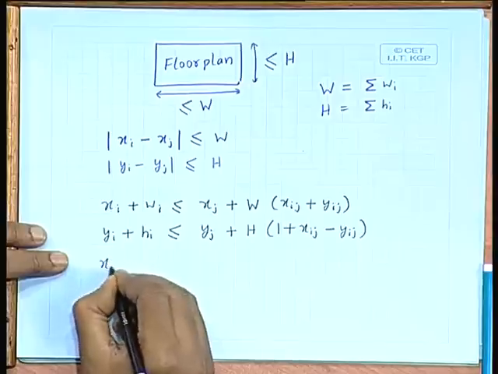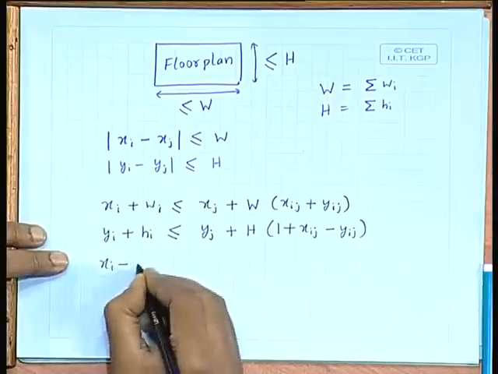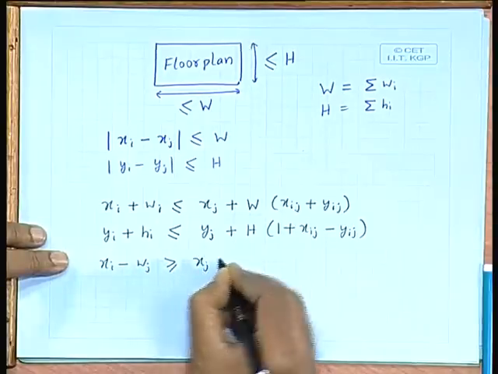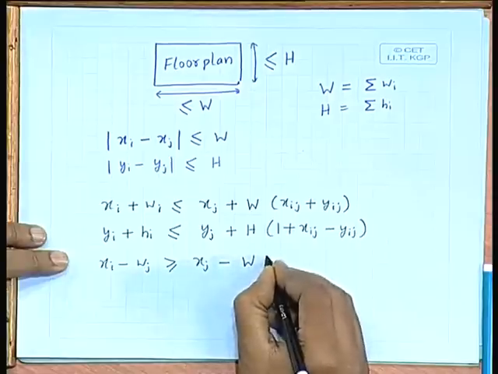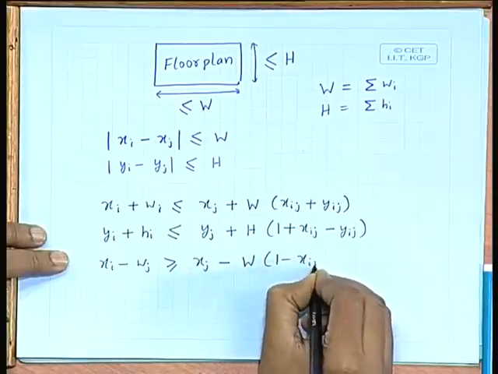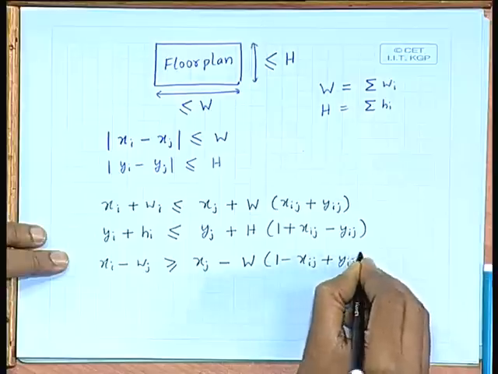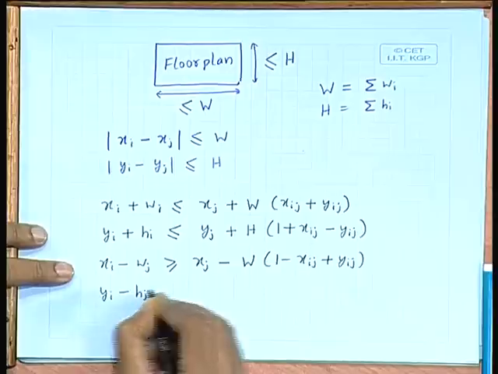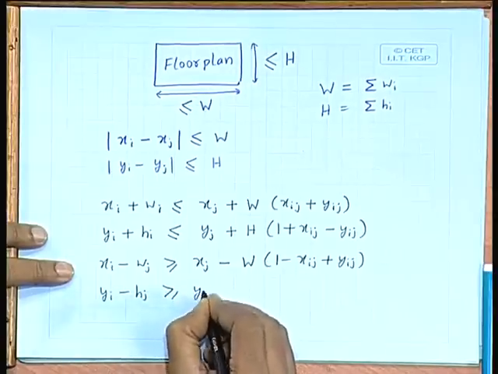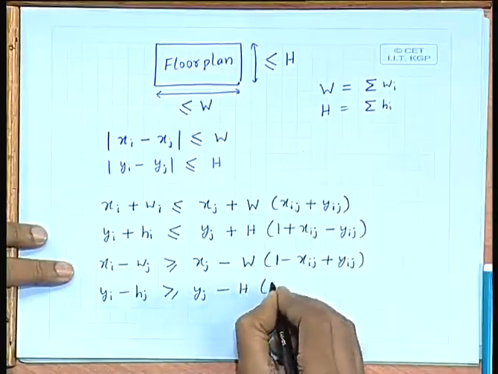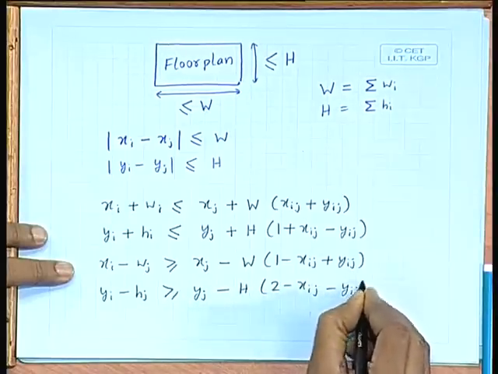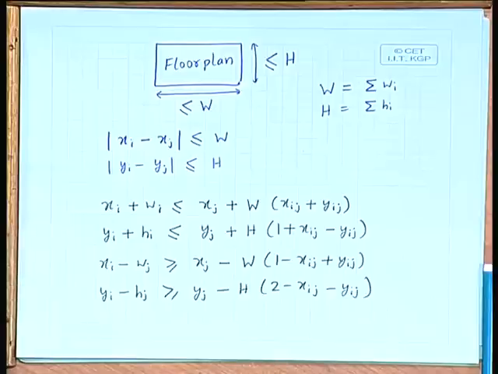The third one, xi minus wj greater than or equal to xj minus W times 1 minus xij plus yij. Similarly, the last one, yi minus hj greater than or equal to yj minus H times 2 minus xij minus yij. Well, now let us look at these equations a little more carefully and find out what this means.